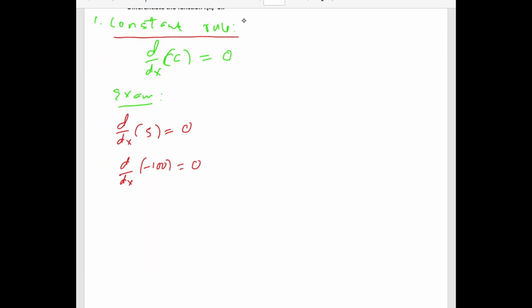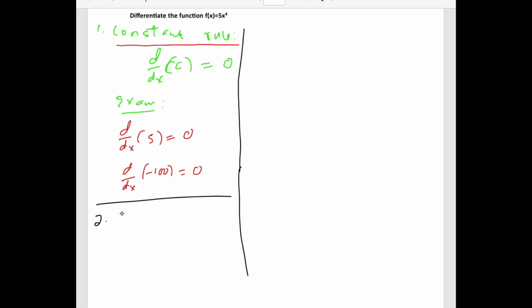I want to include another rule here. You can have a second rule, and the second rule we can basically call the constant multiple rule.